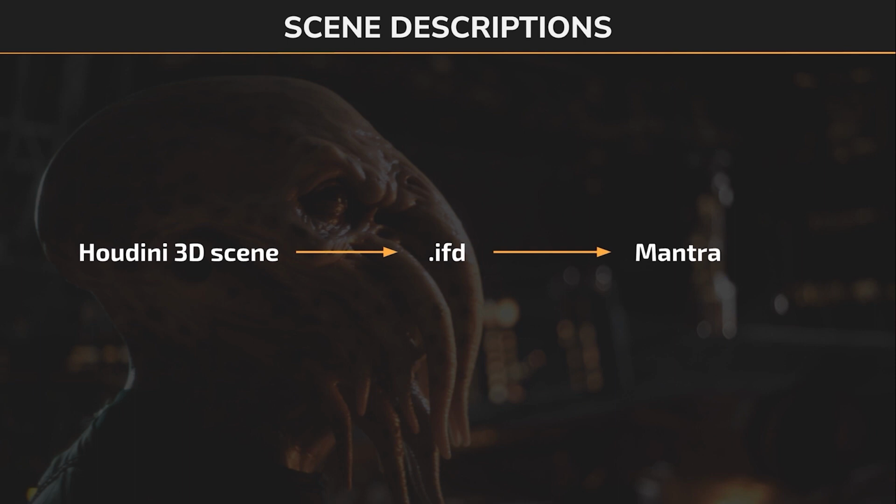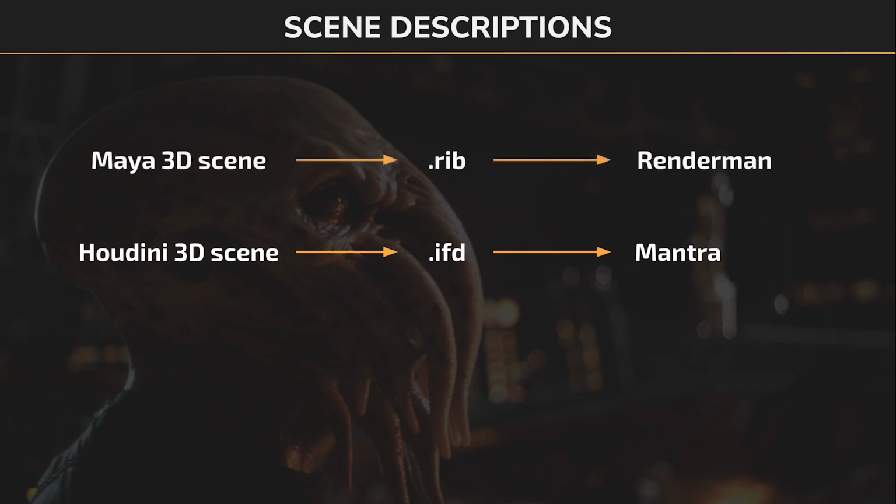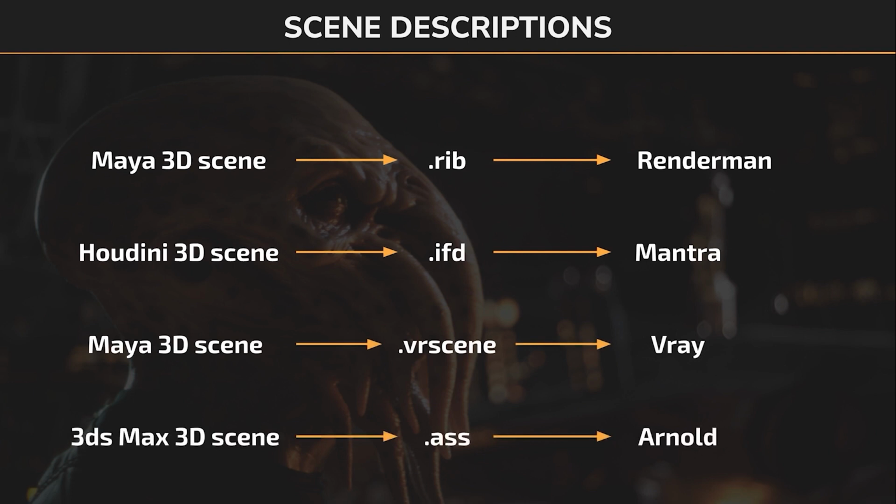They all need different scene descriptions. Mantra has IFDs, RenderMan has ribs, V-Ray has VR scenes, and Arnold has the strangely named ASS file. Converting your scene into these scene descriptions takes time, and the larger your scene is, the slower this conversion process becomes, which makes our time to first pixel slower and slower.